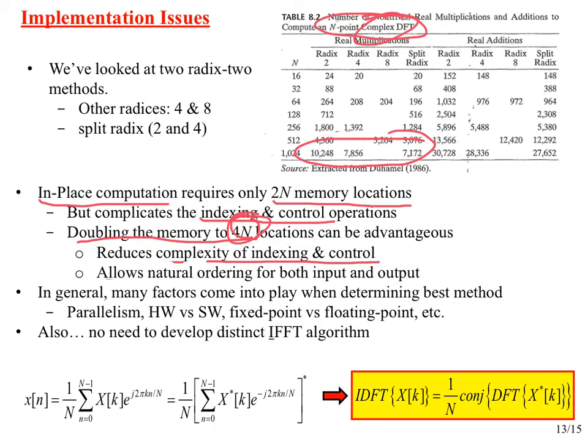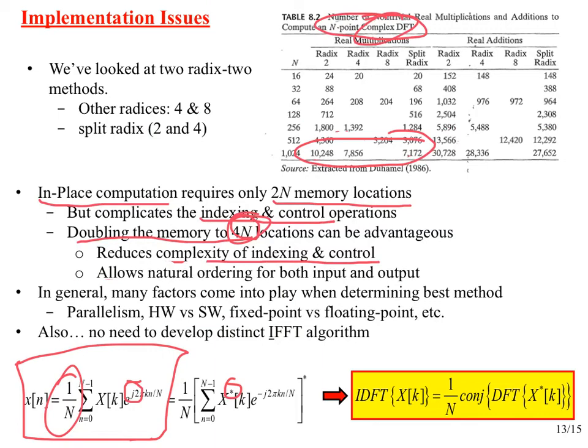So here is the equation for the DFT, and if we rewrite it here, we can take a complex conjugate. Sorry, this is the inverse DFT. And you'll notice that the main distinction between the DFT and the IDFT is a plus j and a minus j, and there's the 1 over n.